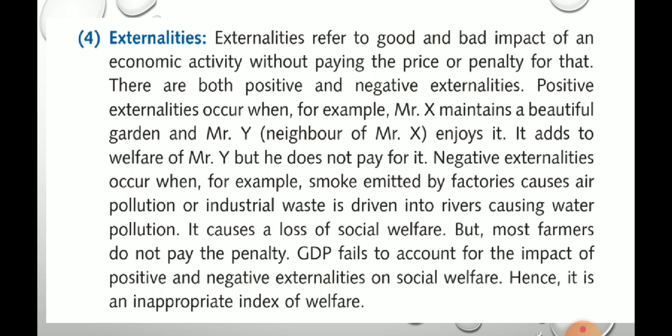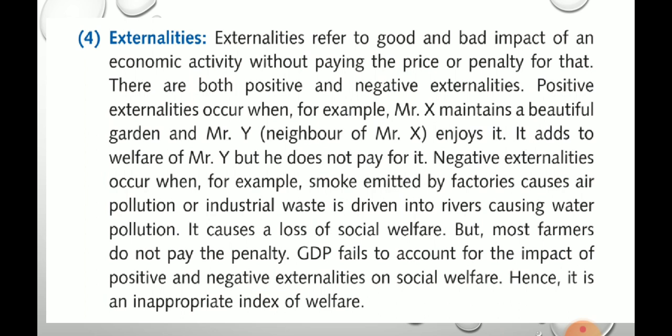Okay, so what we mean by externalities? When the production sector is producing goods and services, they are degrading the life quality. How? There is too much pollution, every type of pollution: soil pollution, water pollution, noise pollution, air pollution, but in return they are not going to pay any penalty.